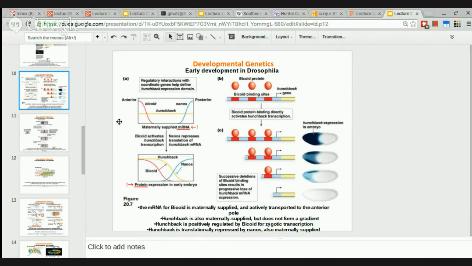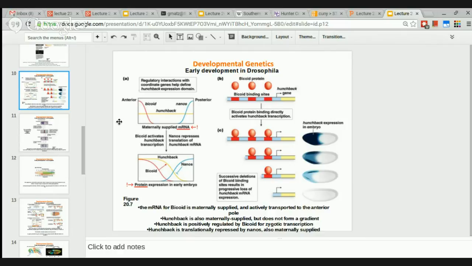That's because, despite the fact that the mRNA is early on not localized or not particularly transported, its expression under the action of bicoid is highly polarized. See? It's high where bicoid is high.